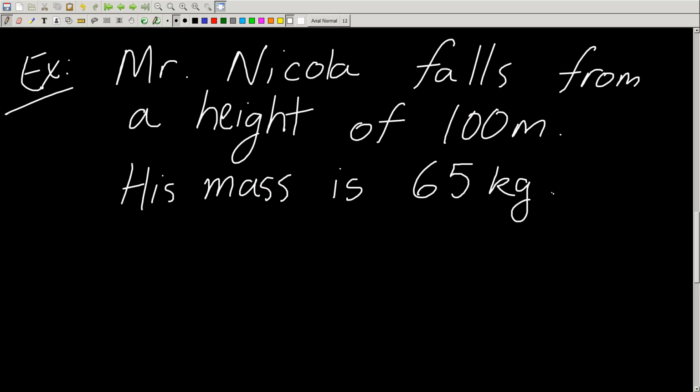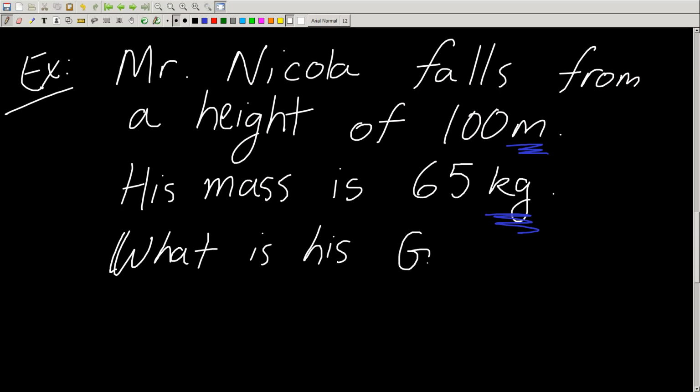And I want you to remember that we got standard units, right? So the standard units for distance are in meters, standard units for mass, kilograms. What is his gravitational potential energy, GPE?